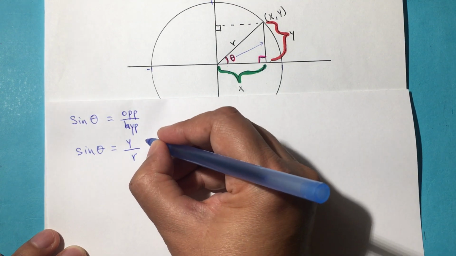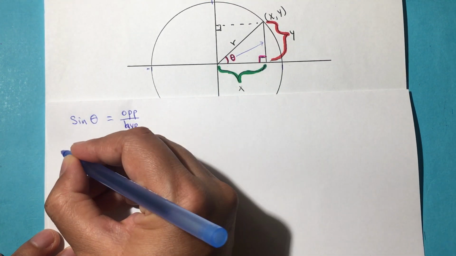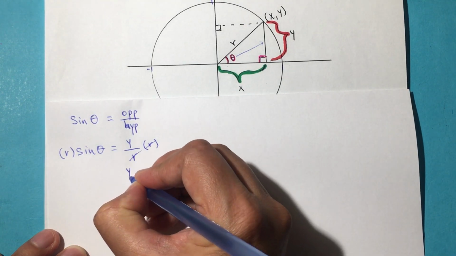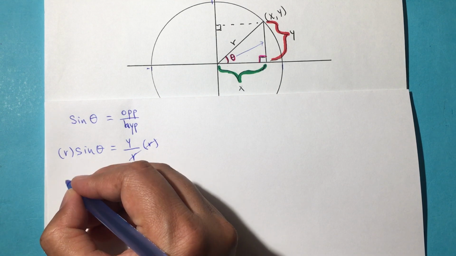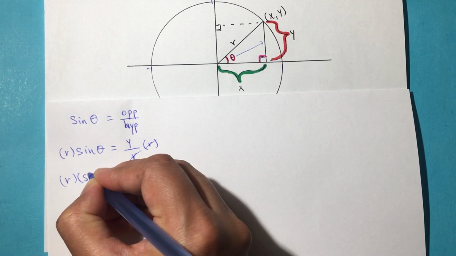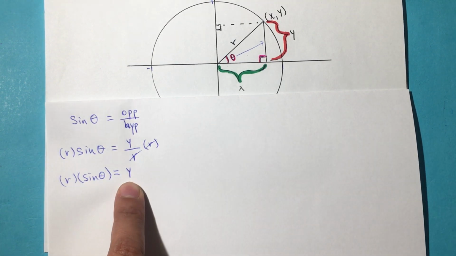And then we're going to cancel. If we're dividing by r, we're going to multiply by r. These cancel, and you're left with y is equal to r times sine of theta. Okay, that's the value of y.